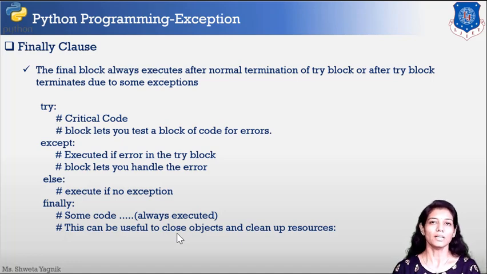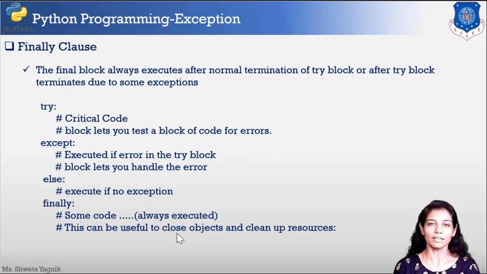For example, you have opened some database connection, or you have opened some file in order to do some operations. Even if you are not able to do those operations, you make sure that at the end you close those resources. Say you want to see some movie, so you turn on the TV, but due to some urgent work you need to go out and cannot see the movie fully. Before stepping out, you make sure that you turn off your TV.